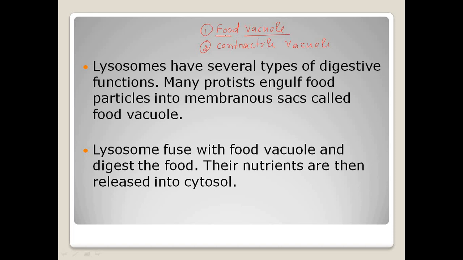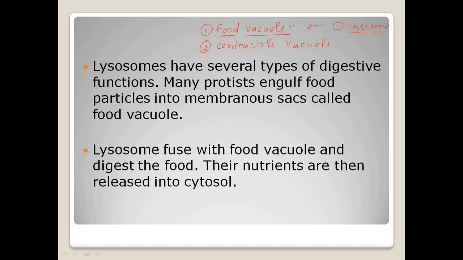Especially if we consider amoeba or paramecium, when they take in any food, the food vacuole encloses the food. After that, the lysosome, which is already present in the cell cytoplasm of the organism, comes in contact with the food vacuole. And what happens? It secretes its digestive enzymes, and the food vacuole and lysosome fuse with each other, so that the enzymes secreted from the lysosome mix with the food and help in breaking it down and digesting it.